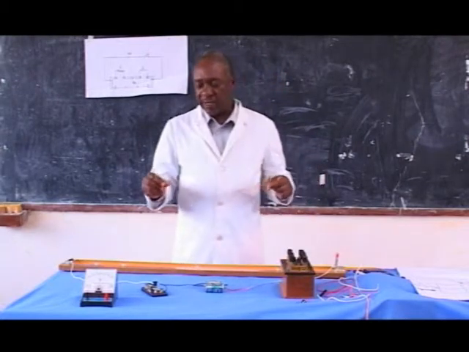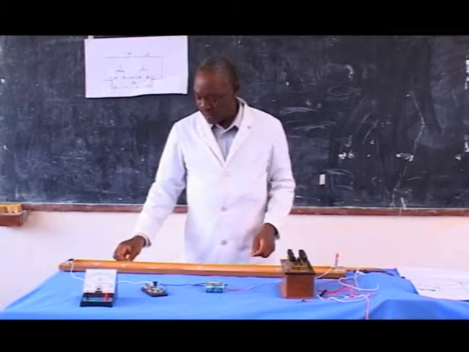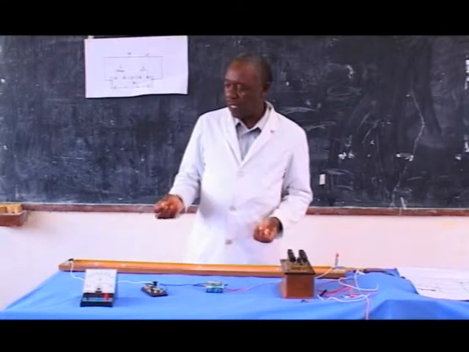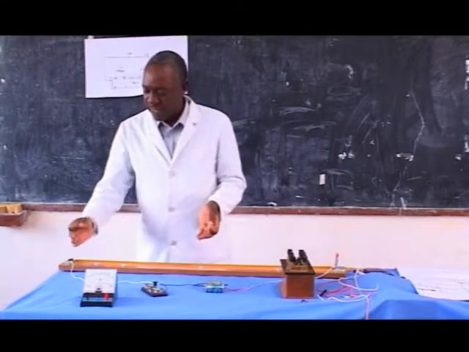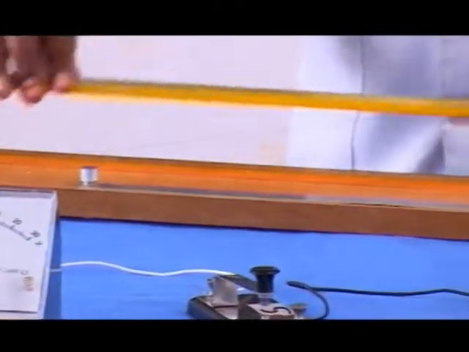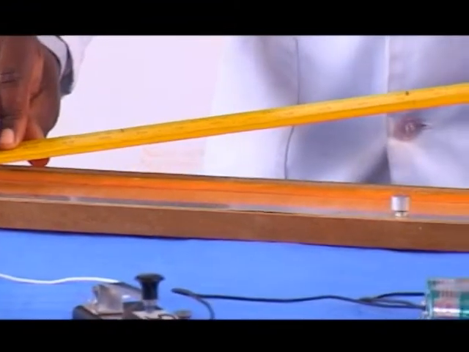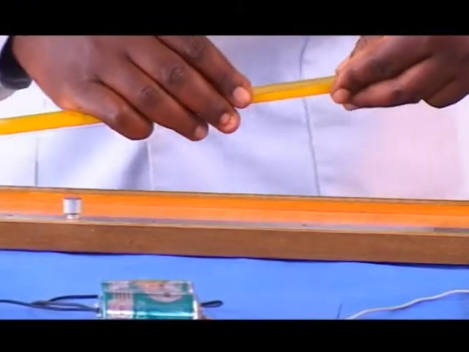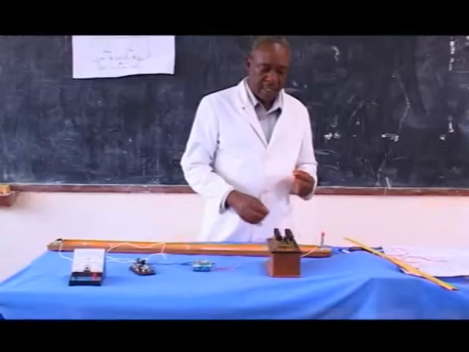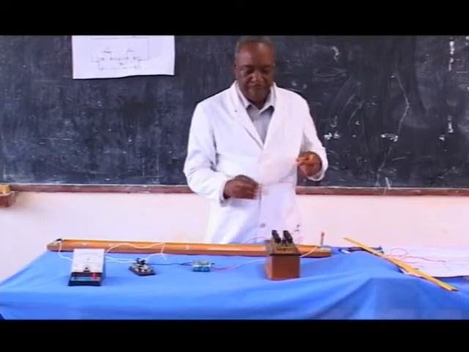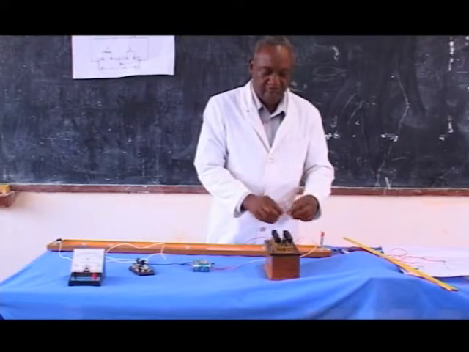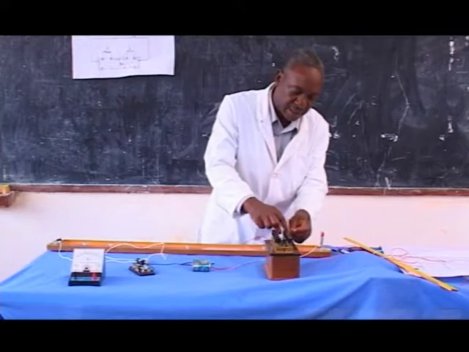Take the Constantan wire, measure it to 50 centimeters, and connect it to the right hand gap. Connect the resistance box to the left hand gap of the meter bridge.